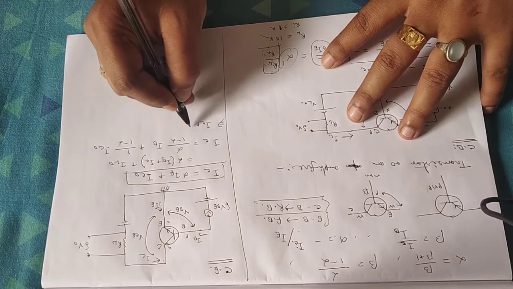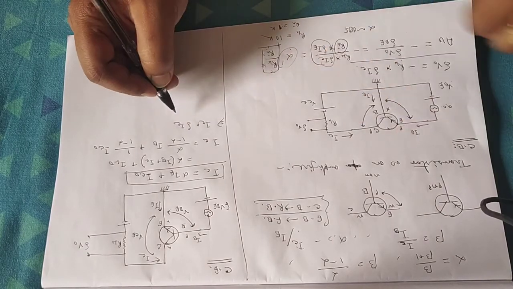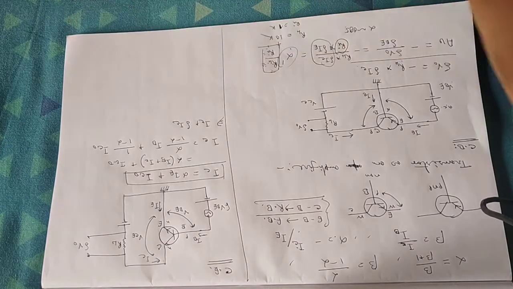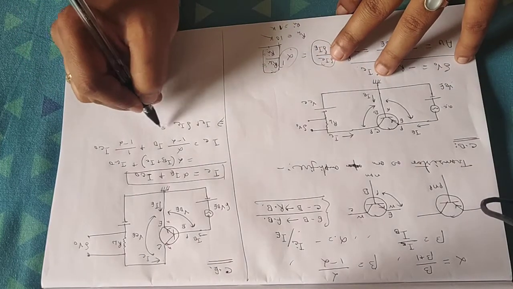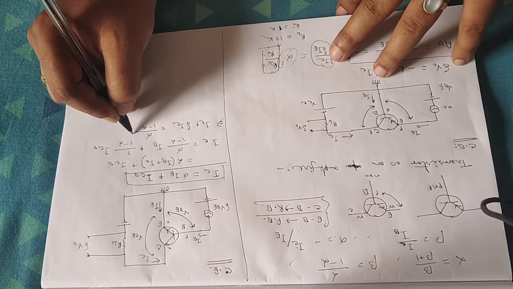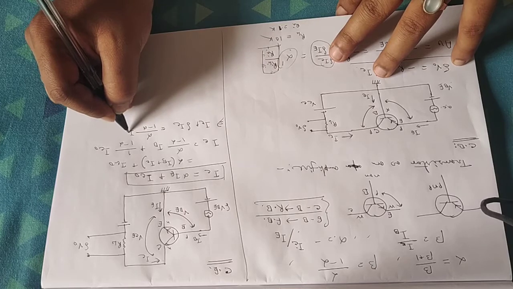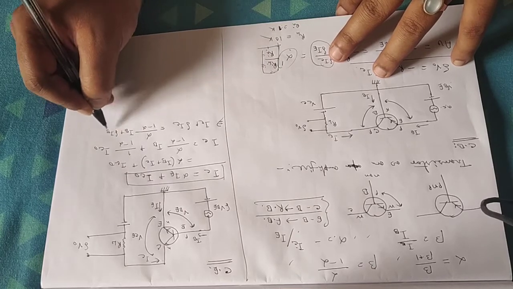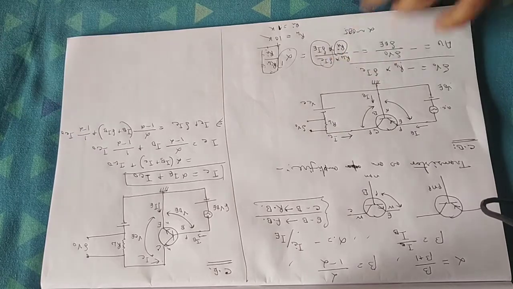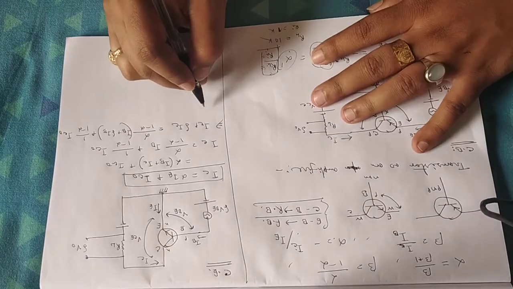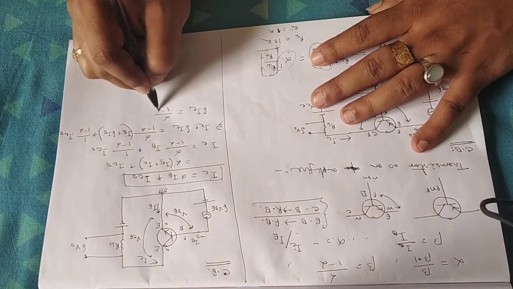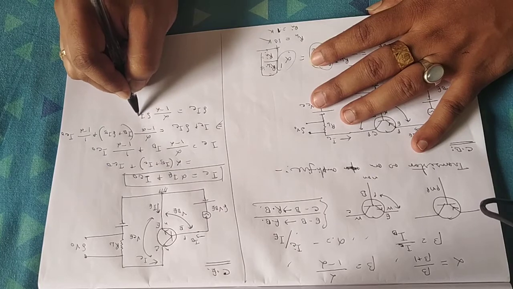It will be IC plus delta IC, equal to alpha by 1 minus alpha into IB plus delta IB, plus 1 by 1 minus alpha into ICO. Then in the next step you have to write the value of delta IC. And what will be the value of delta IC? It will be alpha by 1 minus alpha into delta IB.